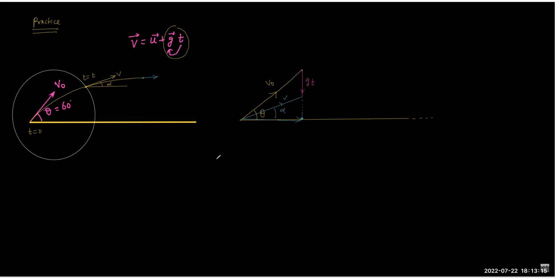When GT will be touching the horizon, the resultant will be horizontal, isn't it? And when the GT exceeds this value, it will go below, downward. It is like coming down. So if you choose any point here, you can see the V vector is going to be like this, isn't it?